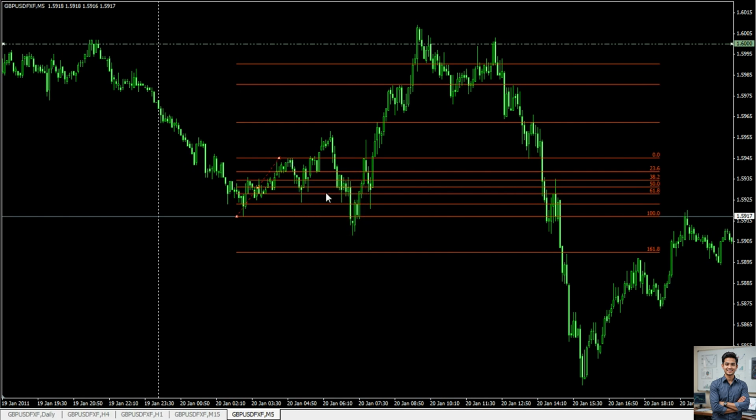We're looking for the 62% and 79%. Here's your 62. Let's trace that over. Okay, and one level below that is 79, so you want to use between 62 and 79% retracement midpoint. That is the sweet spot. You want to go long there. Stop will be 10 pips below, at least below this low in here.